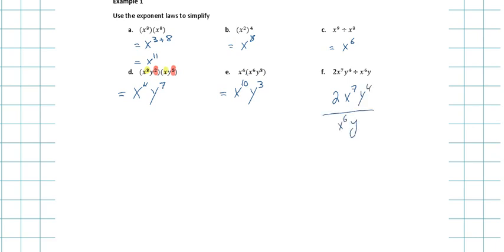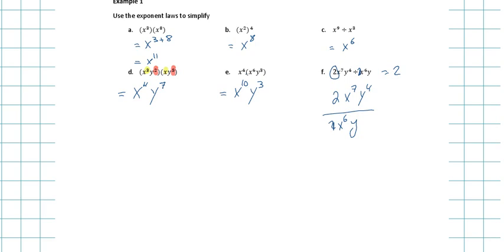Now, the coefficient, which is just the number in front, is 2 divided by 1, right? It's 2 divided by 1, which is 2. Doesn't change. If this was a 2, for example, then you do 2 divided by 2, which is 1. You see what I'm saying?